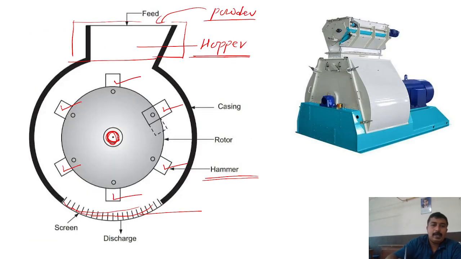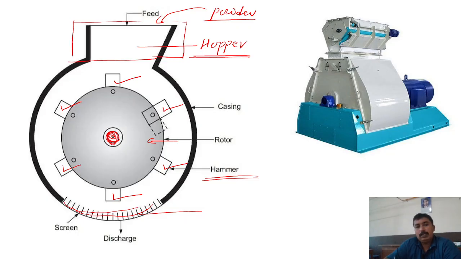We will see with the help of the diagram: hammers are connected to the rotor, the rotor to the shaft, and the shaft to the motor. So as the shaft rotates, the hammers are also rotated.